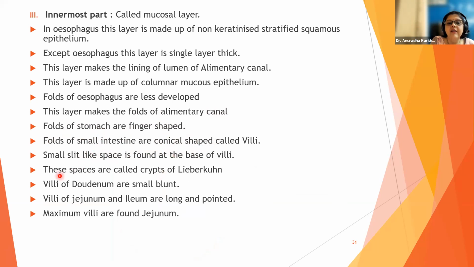So look, folds of small intestine are conical, but they are blunt in duodenum and pointed in jejunum and ileum. And maximum villi are found in jejunum.